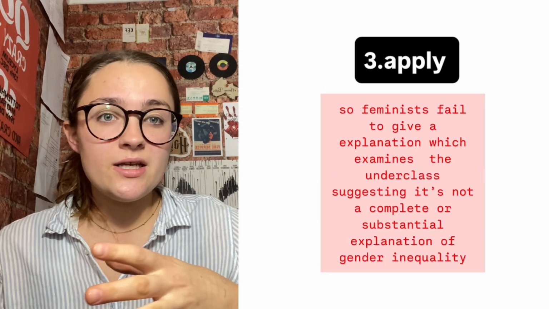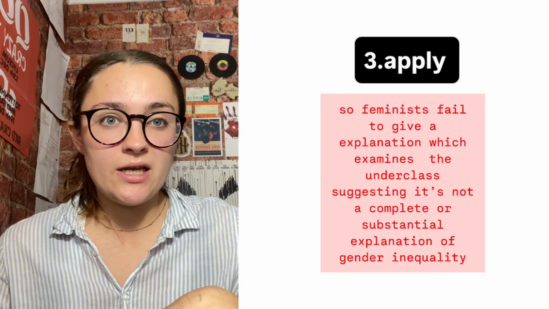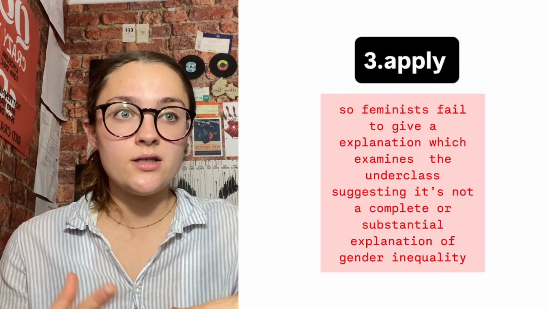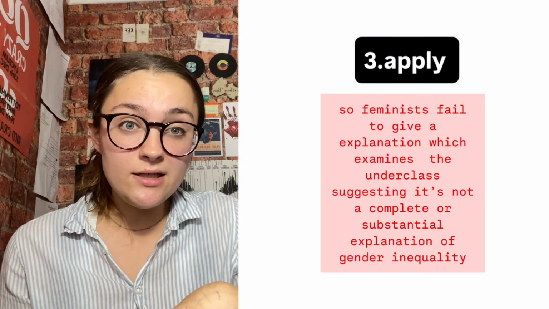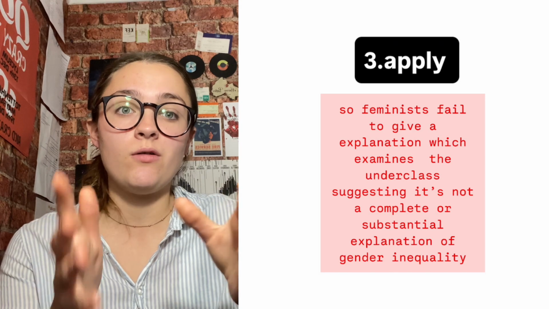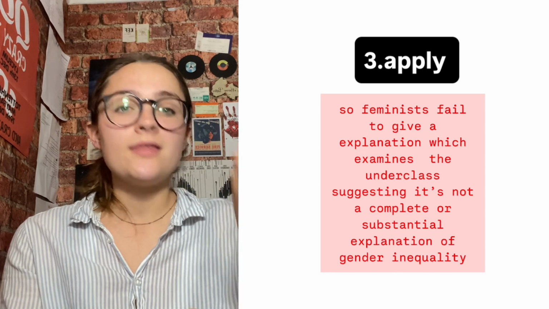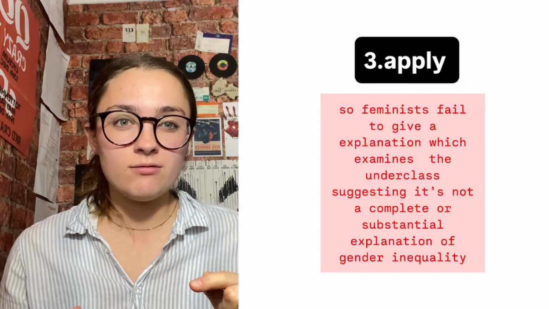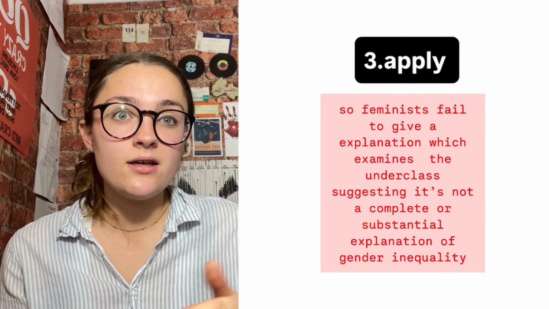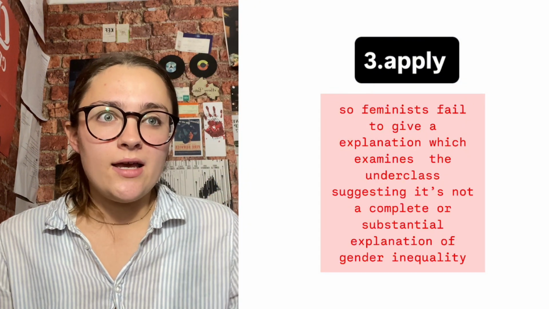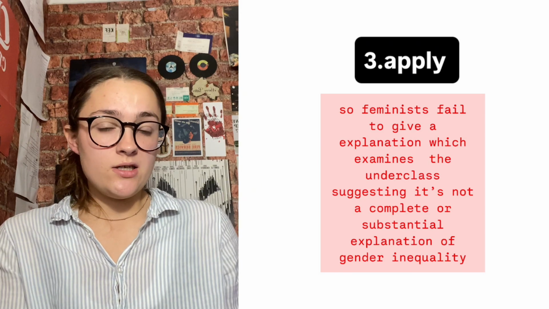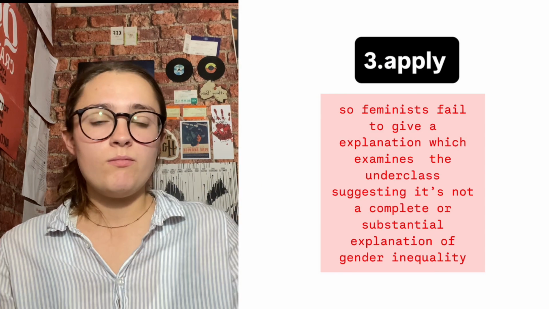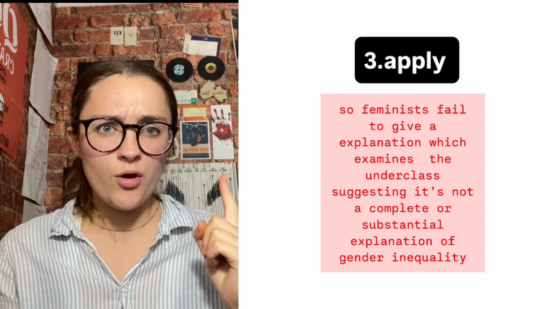So, the feminist perspective fails to give an explanation which examines the underclass, suggesting it is not a complete or substantial explanation of gender inequality. That last sentence, remember it, because you can change the words around and you can use it for any essay. You've got to end it by saying it's not a complete explanation. It's not substantial enough because it failed to acknowledge the point I just made.